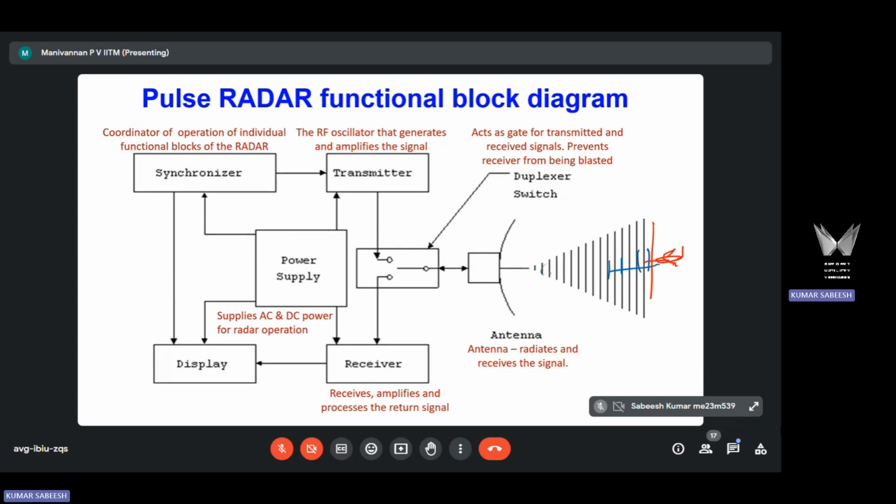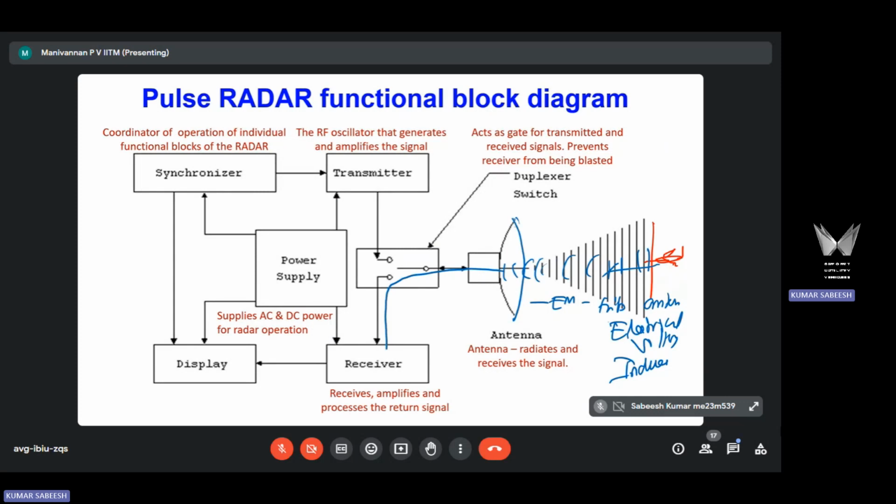This is reflected. It comes and hits the same antenna. When an electromagnetic wave hits an antenna, automatically an electrical voltage is created. The voltage is induced. We call it induced. The electromagnetic induced voltage is connected to the receiver.